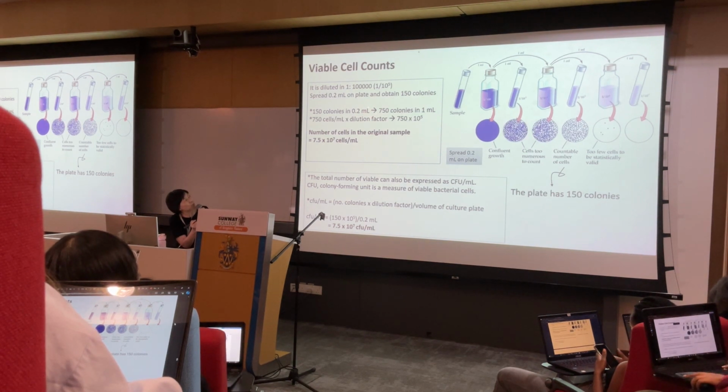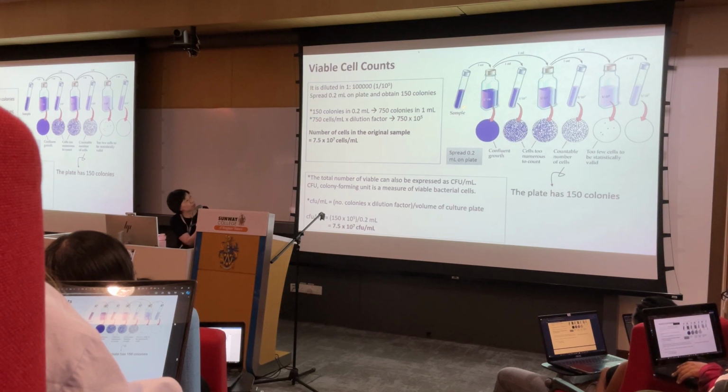So if I want to change this 0.2 into 1 milliliter, we can convert and it becomes 750 colonies present in 1 milliliter, so that we can say 750 per mil. Of course, this one has been undergoing zero dilution.